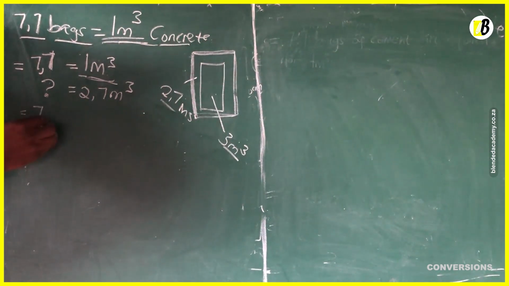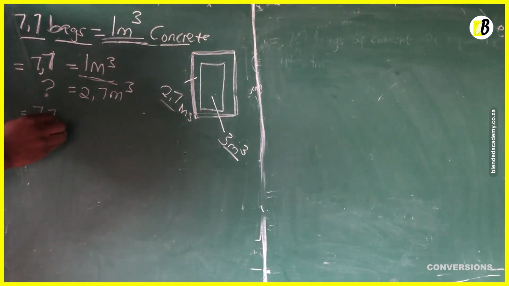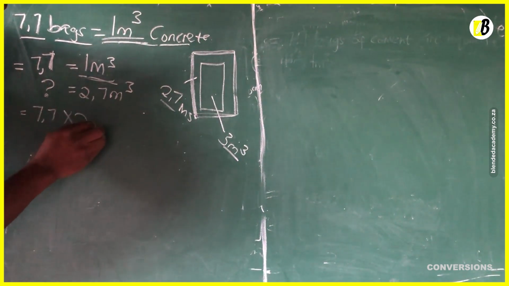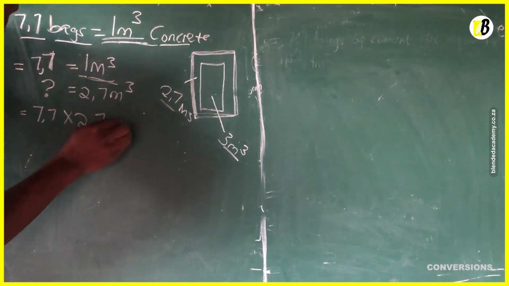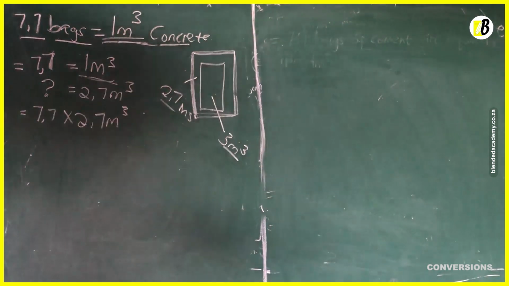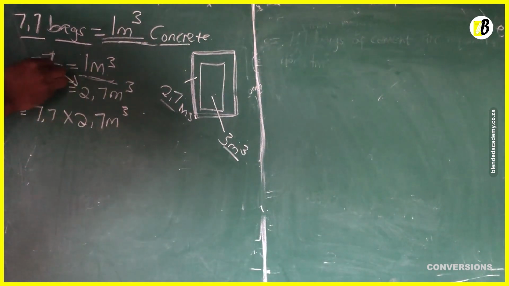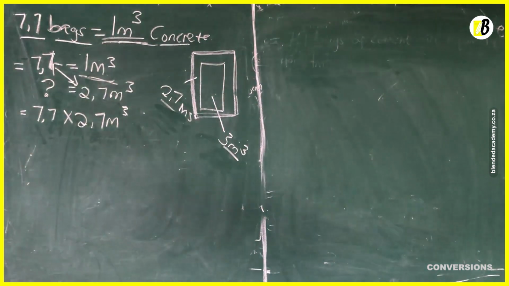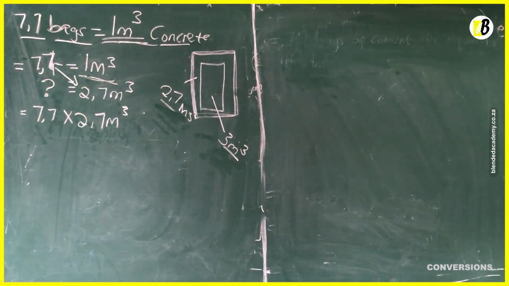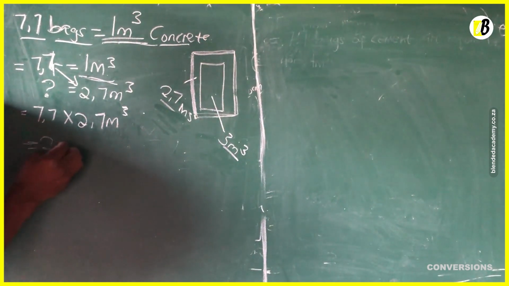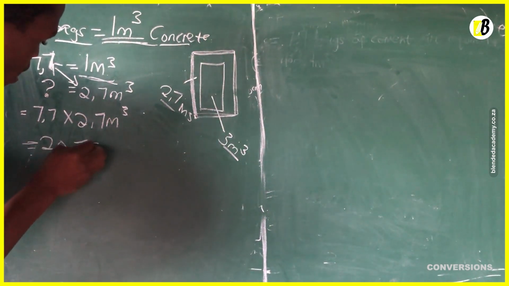So 7.7 bags multiplied by 2.7 meters cubic, right? So this one crosses with that one. So it's going to be 7.7 multiplied by 2.7. So that gives us 20.79.